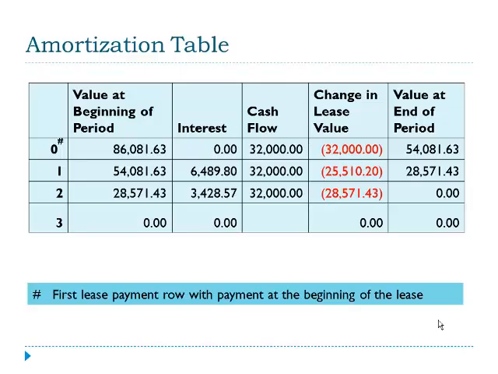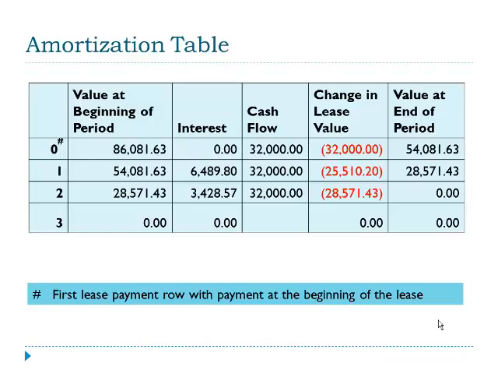So immediately after paying that first payment, the value of the lease obligation is $54,081.63. Interest then accrues during the first period on that lower lease obligation, and here it's calculated as $6,489.80. Notice that the cash flows are equal each period in a lease, so $32,000 is what is still paid at the end of period 1, which is the beginning of period 2.